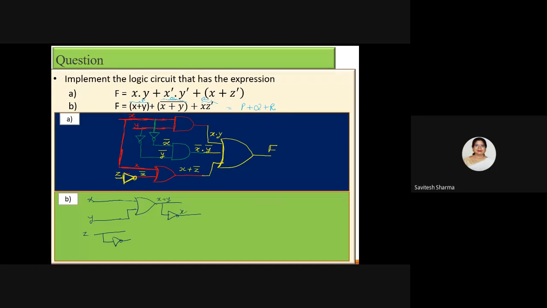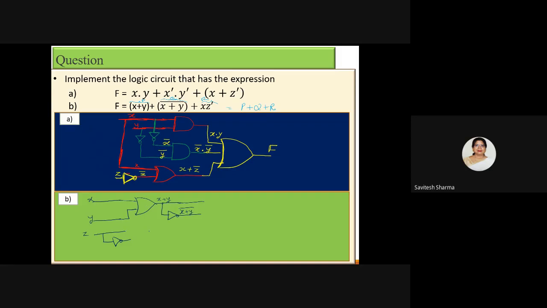I just need an inverter and I will get (x + y) bar. No need to draw the NOR gate again, because I already did the x + y ORing operation. So I will add one inverter and generate (x + y) complement. I derived it from the previous output.